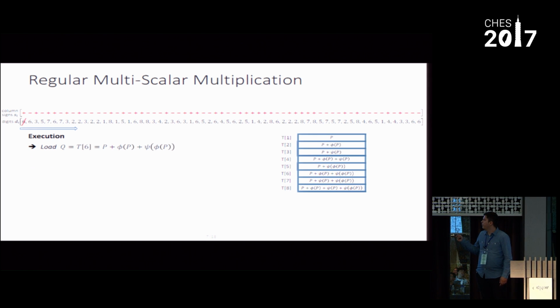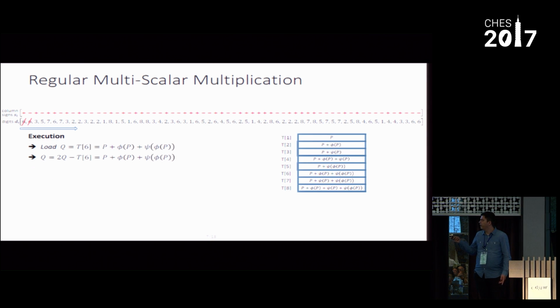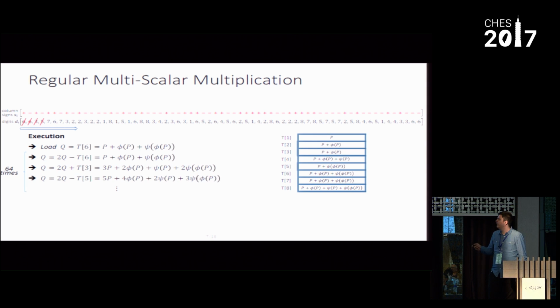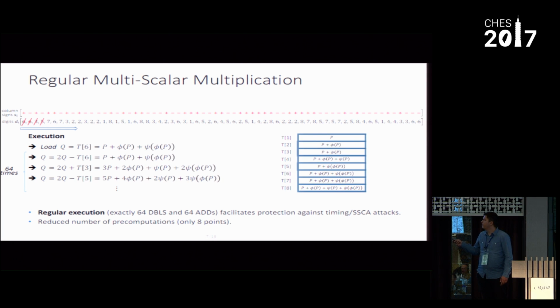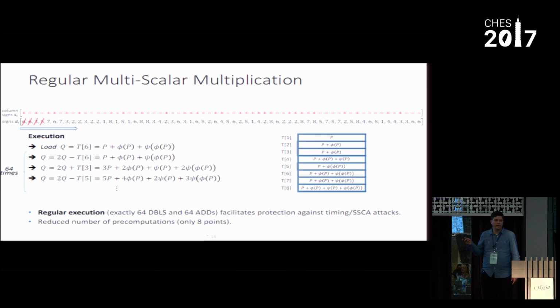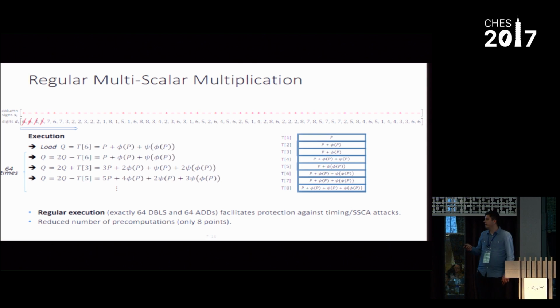We index the table, T[6] in this case, and then we start the main loop for the scalar multiplication. We always double Q, and we look at the sign of the next digit, which is minus in here, and then again the next digit is 6. We run this for every digit, and everyone can see that we always run the same number of times. We always have 64 doublings and 64 additions or subtractions. This helps to protect against simple power analysis because we have constant time scalar multiplication.